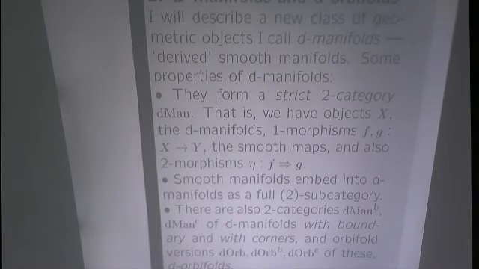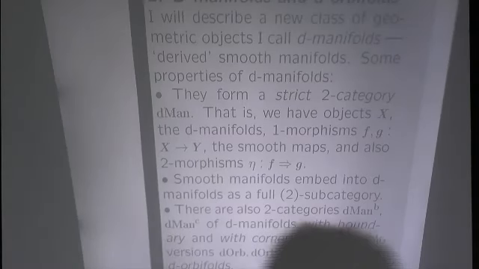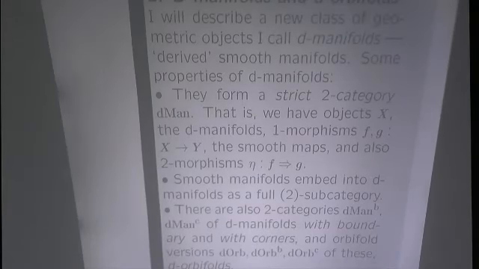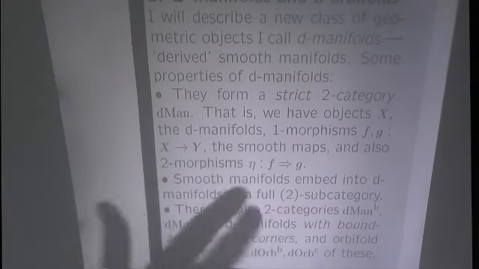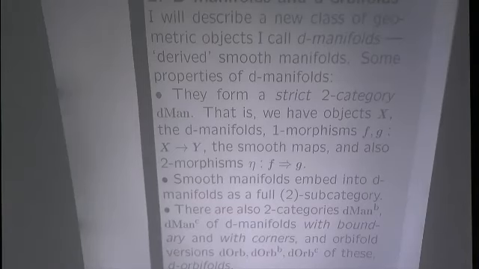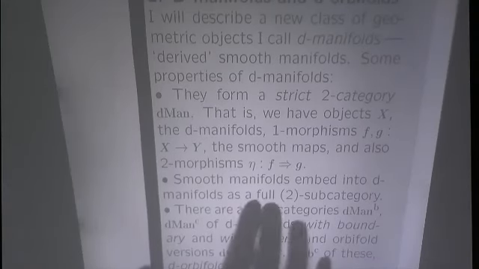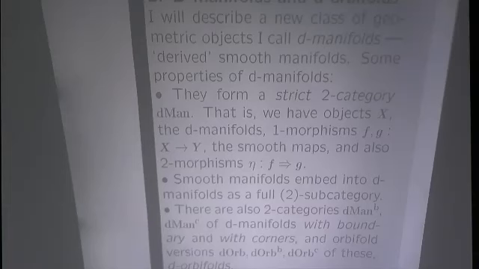So we have objects X, which are your D-manifolds, 1-morphisms f and g going from X into Y, which are basically derived versions of smooth maps. And also, kind of non-classically, you have 2-morphisms, which I'll write as eta, going between two 1-morphisms f and g of the same spaces. Secondly, smooth manifolds embed into D-manifolds as a full 2-subcategory.